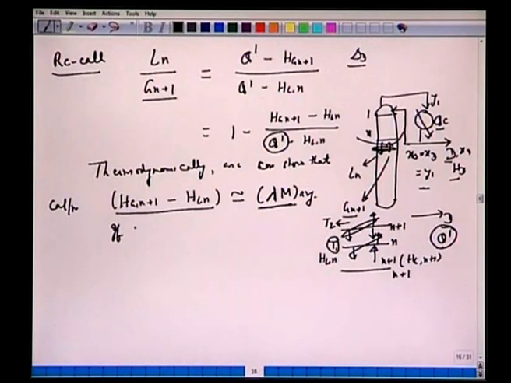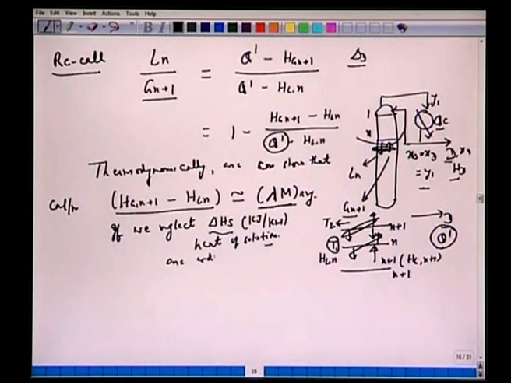If we recall from our previous calculations, we had the contribution from heat of solutions, right? If we neglect heat of solutions, which is actually justified, because per kilomole this quantity, the heat of solution, is numerically much smaller, in fact one order of magnitude.